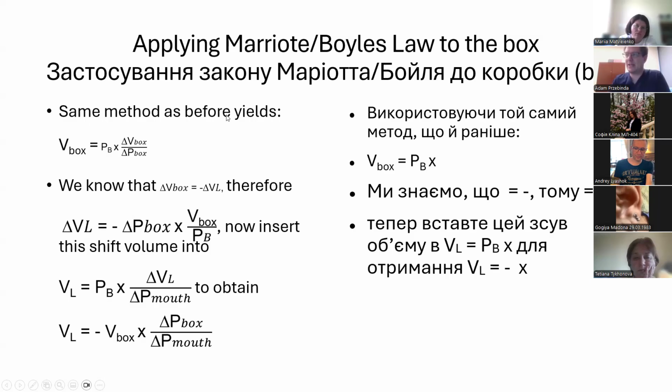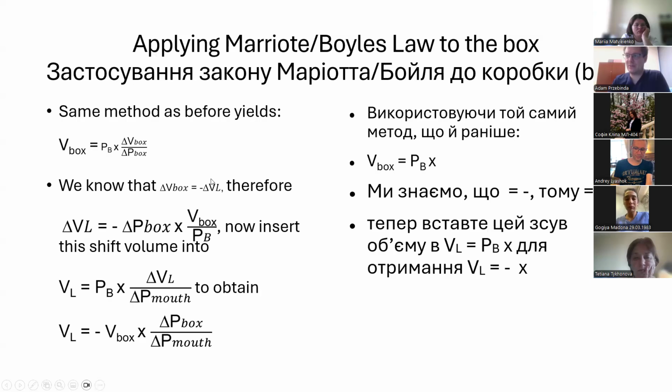So the same method as before, the volume of the box is equal to the barometric pressure multiplied by the change in volume over the box, divided by the change in pressure of the box. And we know that the change in volume of the box is equal and opposite to the change in volume of the lung during this maneuver.